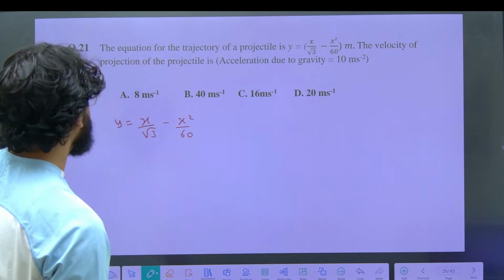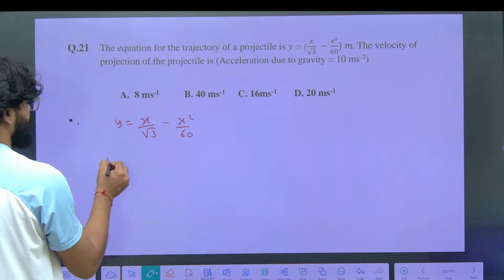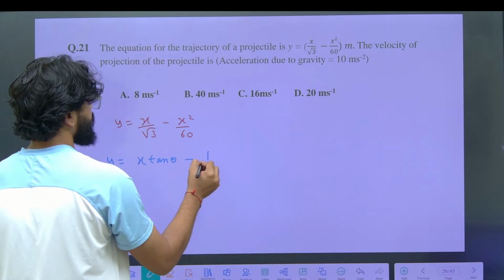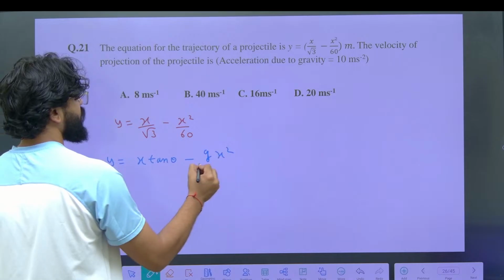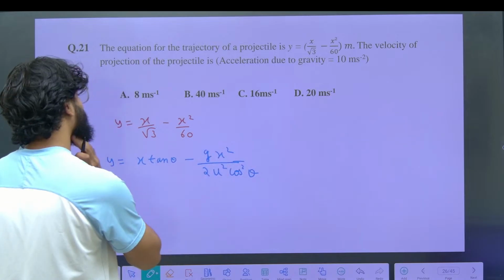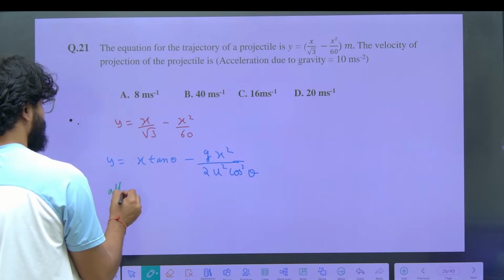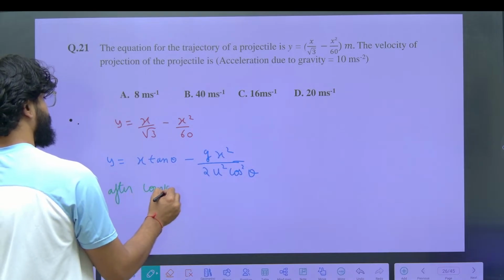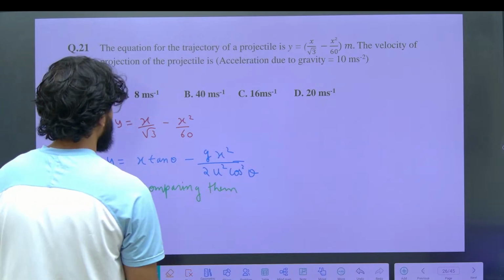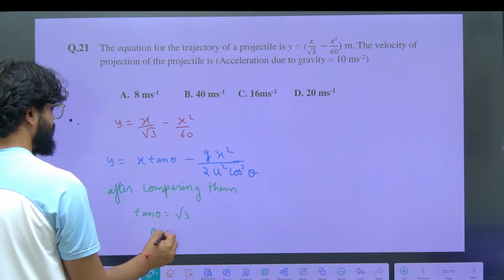They are asking the velocity of projection, so we can compare it with y equals x tan theta minus g x square upon 2 u square cos square theta. After comparing them, can we write tan theta as root 3, so theta is 60 degrees.